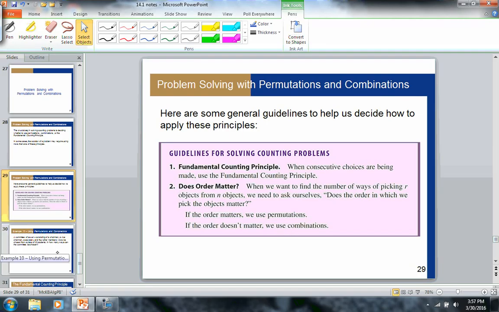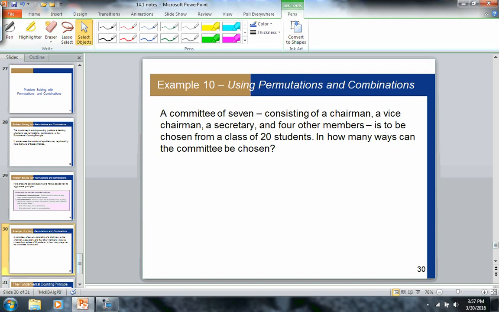Okay? So our last example then is right here, example 10. We have a committee of 7 consisting of a chairman, a vice chairman, a secretary, and 4 other members. And it has to be chosen from a class of 20 students. So now when you're reading this, hopefully you notice that there's actual positions that they're trying to fill.